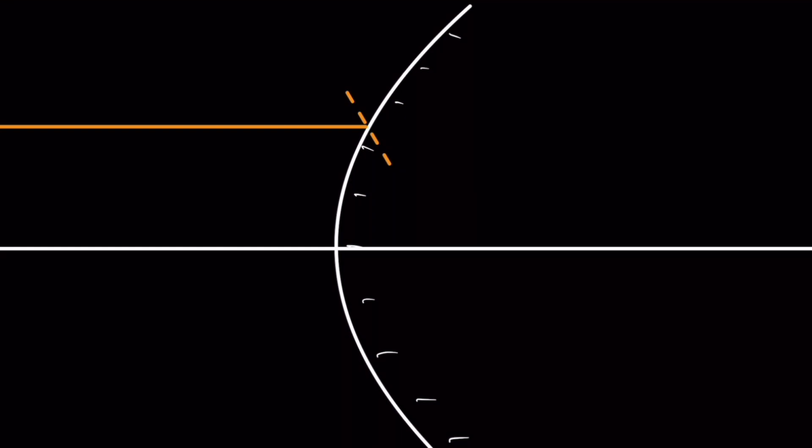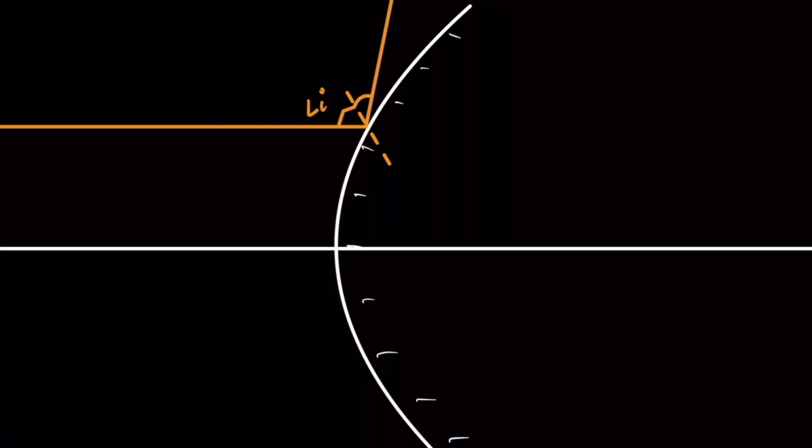As we know, a spherical mirror will also follow the law of reflection, and according to the law of reflection, this is the incident ray. Angle of incidence is equal to the angle of reflection, so the reflected ray will go in this direction.